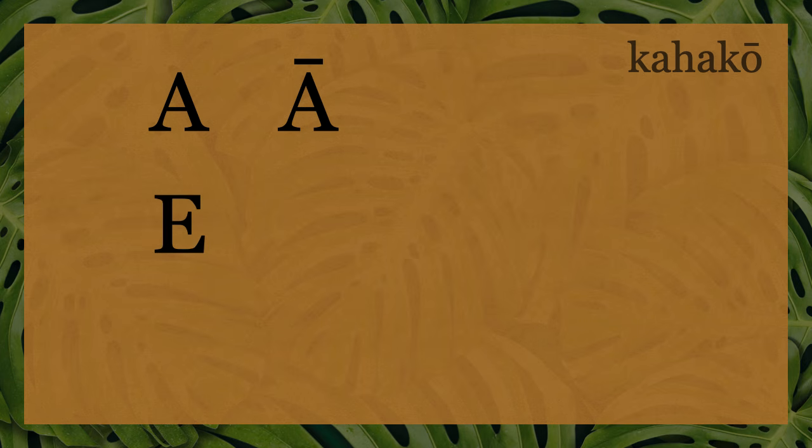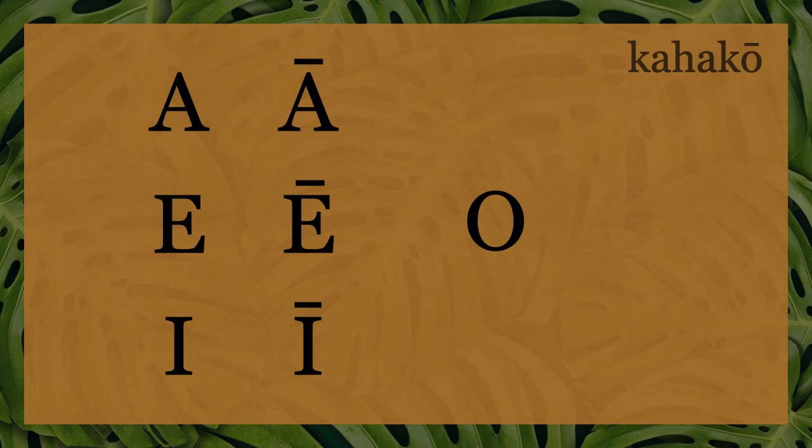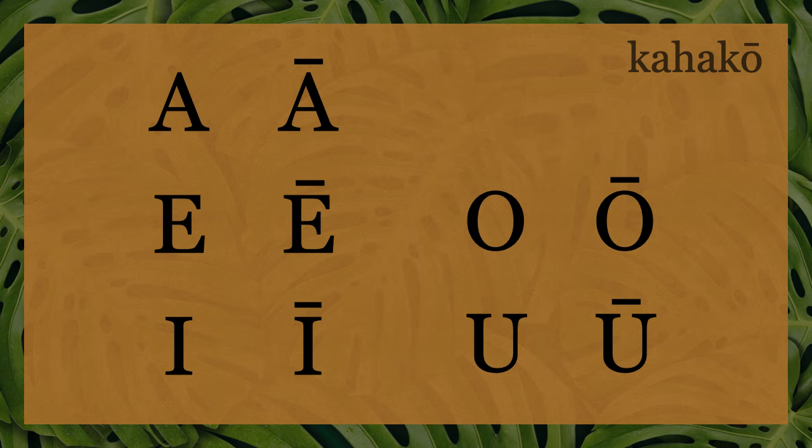Instead of e, ē, ī, ō, ū. And it is very important to lengthen those vowels when they have the kahakō, because words can take on very different meanings depending on whether or not they have the kahakō over a vowel.